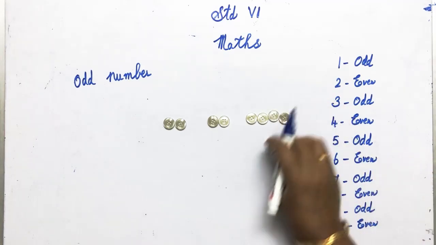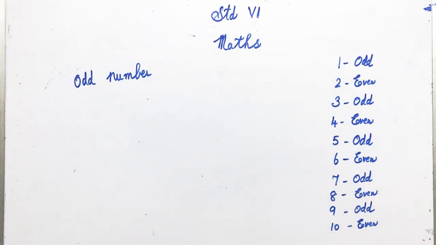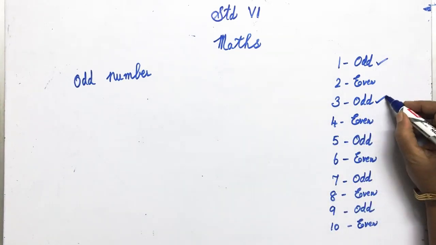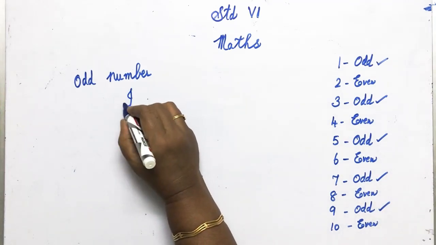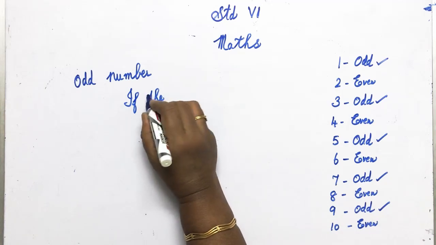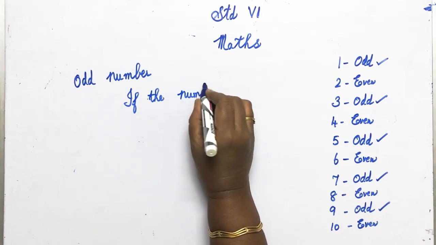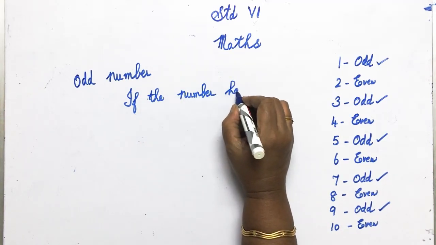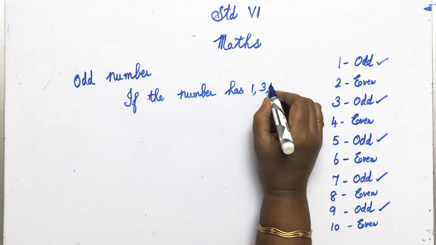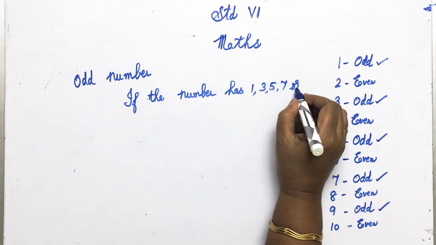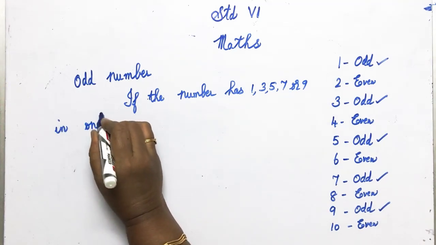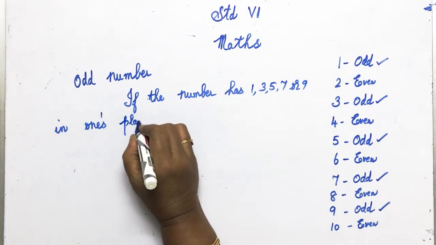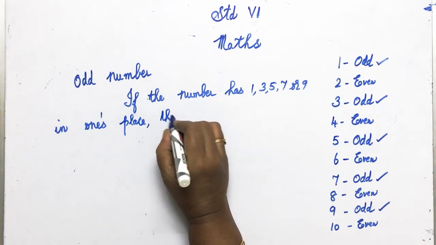So from this it is clear. Numbers 1, 3, 5, 7 and 9 are odd numbers. So if the number has 1, 3, 5, 7 or 9 in ones place, the number is an odd number.